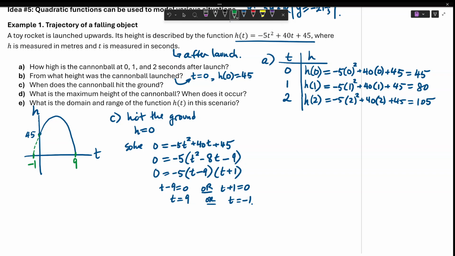Now this doesn't make any sense because we launched it at time 0. So this is out of the domain. We're going to reject the solution. So in conclusion, it says cannonball here. It should say toy rocket. It hits the ground 9 seconds after launch.